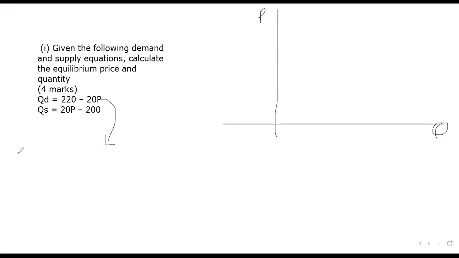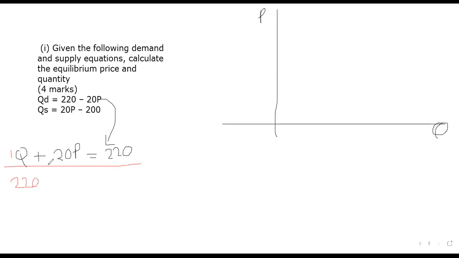So it becomes QD plus 20p is equal to 220. So you're putting the letters on one side, yes? So what number is there before? There is a coefficient 1. So 1 into 220 will give us 220.